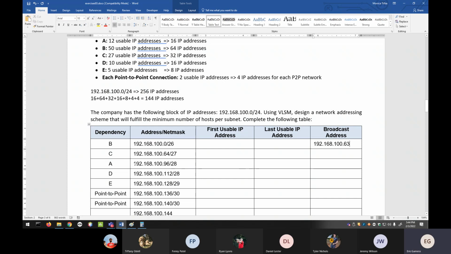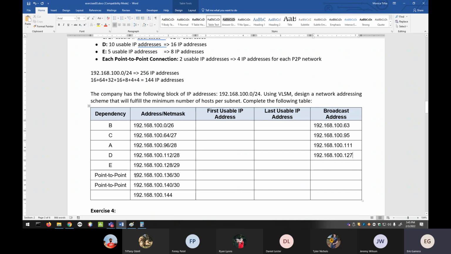If network A starts in 96, network C has to end where? 95. So if network D starts in 112, network A has to end in 111. So here for network D, the broadcast address is going to be 127.